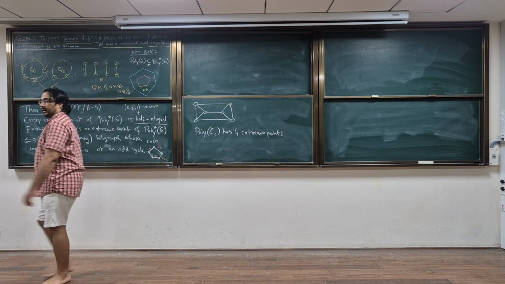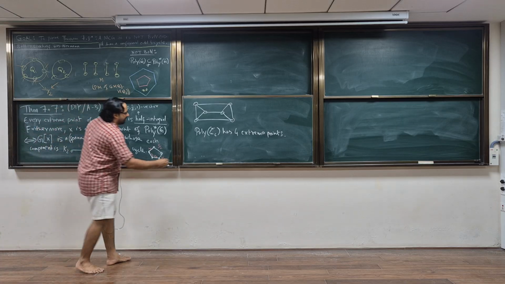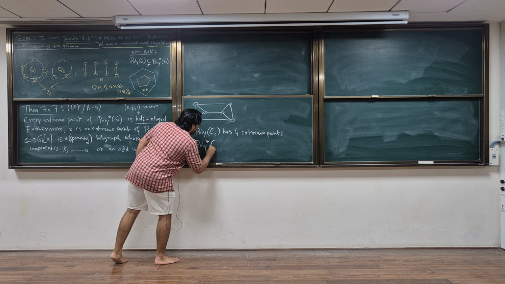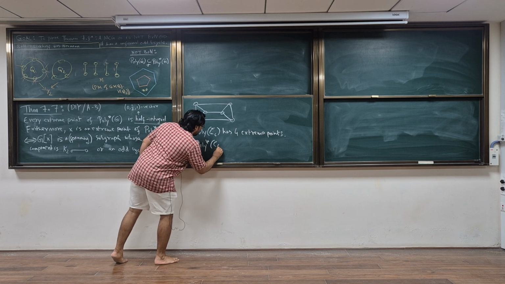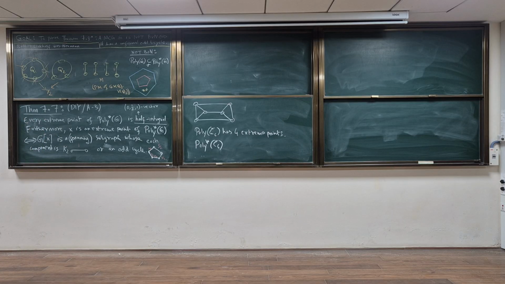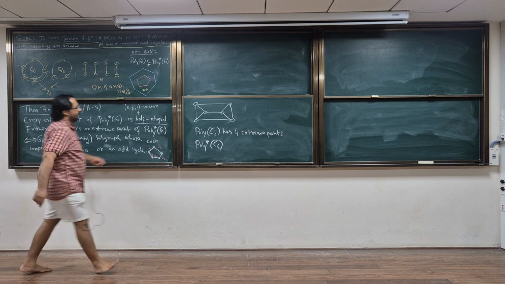However, if you consider the fractional perfect matching polytope of the same graph, it has how many extreme points? 4. Those 4 are definitely there, but there is one more. There are 5 extreme points. And the 5th extreme point is exactly what this theorem is talking about. Right?